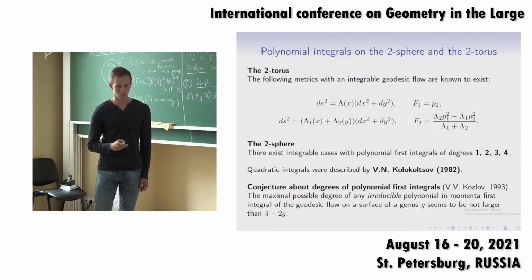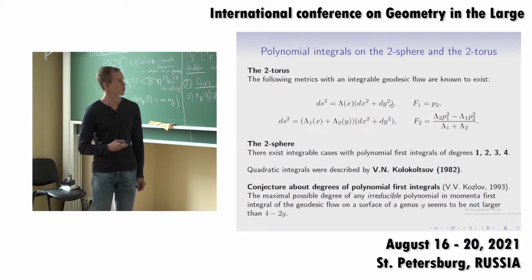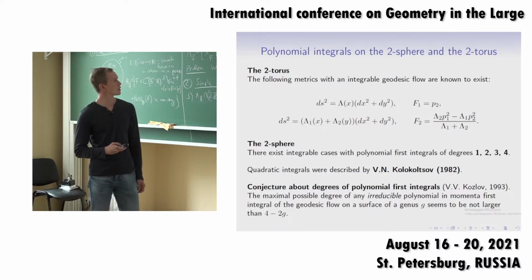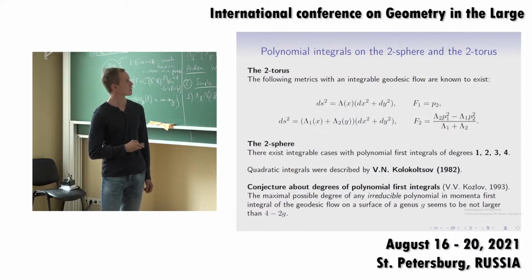Okay, now let me go to the first question I was asked about certain solutions which are known to exist. So if we consider the two-dimensional sphere and the two-dimensional torus, then there are many integrable cases. In the case of the two-dimensional torus, these cases are rather simple.